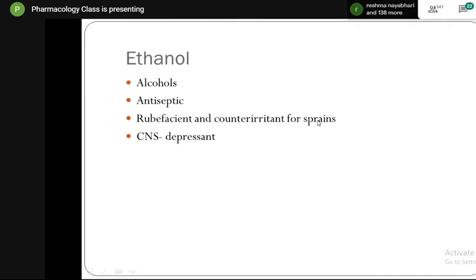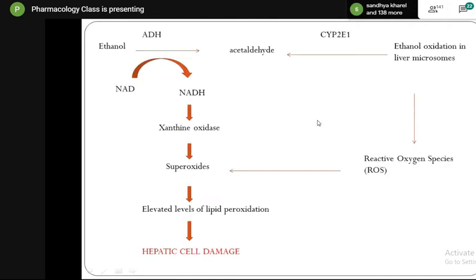What you have to learn here is how ethanol becomes a hepatotoxic drug. This is all because of the redox changes occurring because of the metabolism in the liver inside the cell.